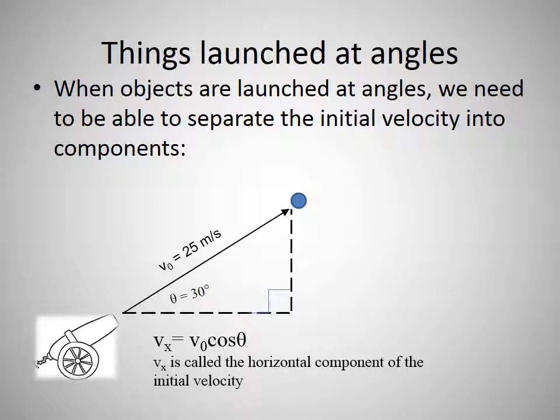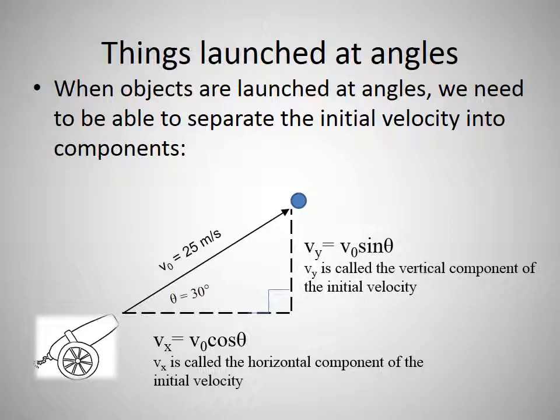This horizontal part, or the adjacent side to where theta is, so to speak, we can define that as the initial velocity, the 25 meters per second, times cosine of whatever that angle is, in this case 30. This is what I'll call the horizontal component of the initial velocity. The vertical part on the right side, or the opposite side of the triangle, according to trig, would instead use v sine theta.